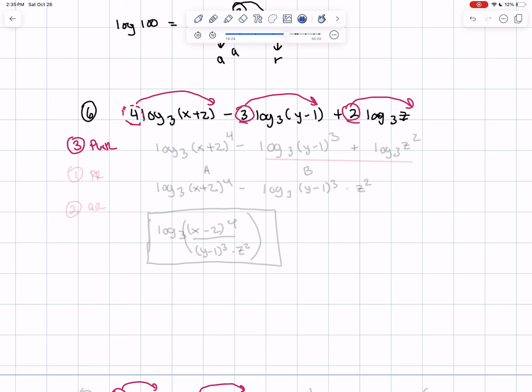Now I'm just going to rewrite this as log base 3 of x plus 2 minus log base 3 of y minus 1 to the 3. Make sure I get that 4 up there. And this is a z.